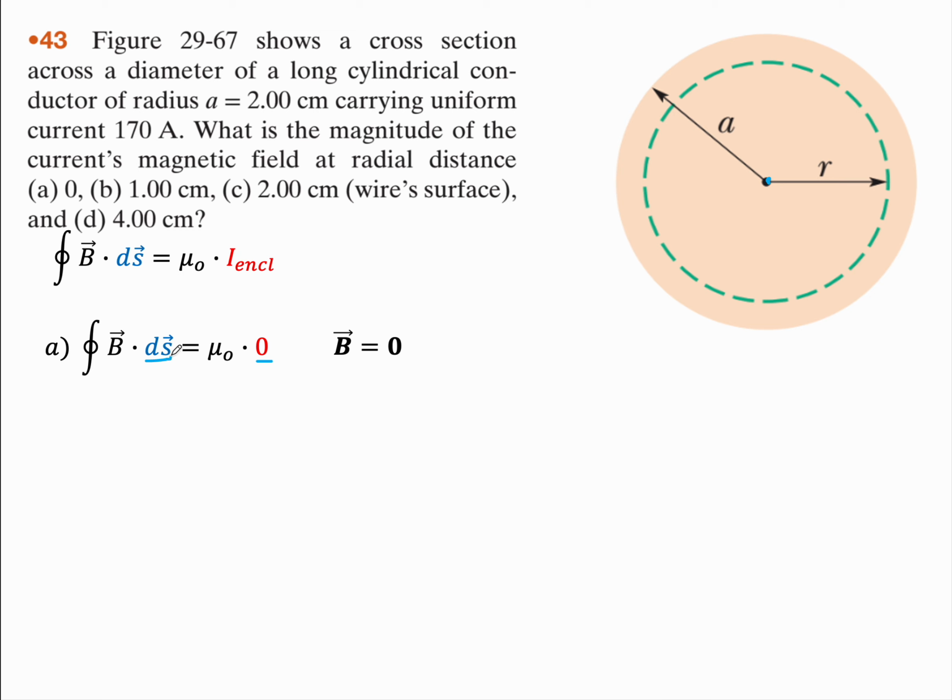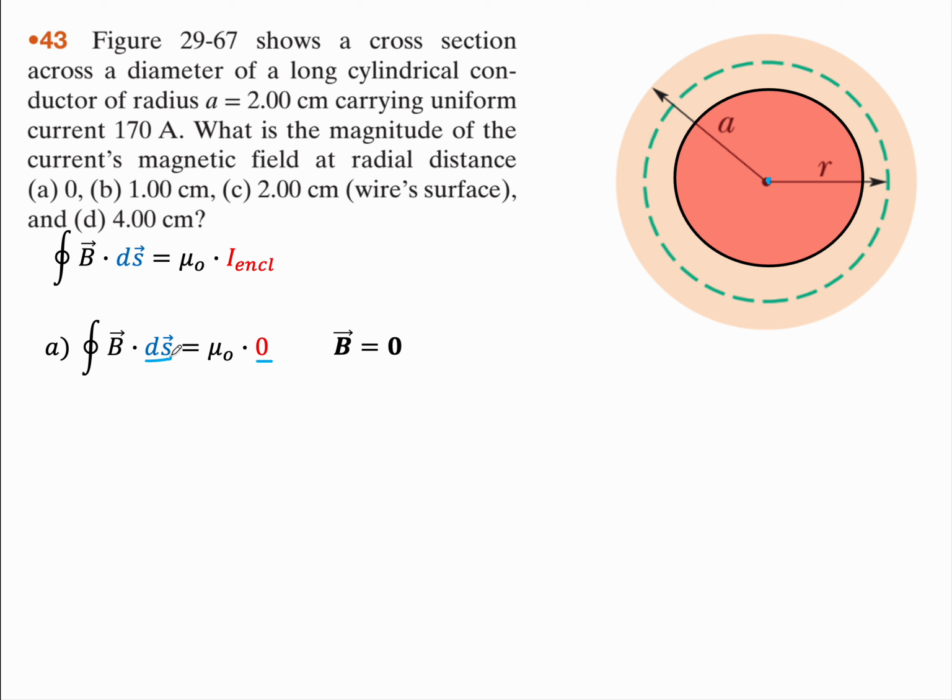Where it gets a little bit more interesting is at 1 centimeter. So at 1 centimeter, we're halfway out to the outside edge. And the question is, what current is passing through that red shaded area? Well, to figure that out, we know 170 amps is passing through the entire wire.